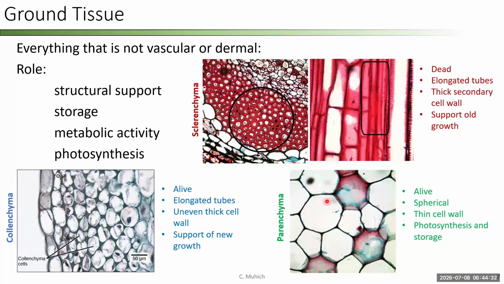So these thin cell walls facilitate the transport of material into and out of the cell so they can undergo respiration, photosynthesis, etc. Okay, so the key thing is not to memorize these different cell types, but just know that there are these dead cells which act as support, we have alive cells which are for growth, and then we have cells that are going to be our active photosynthesis cells.